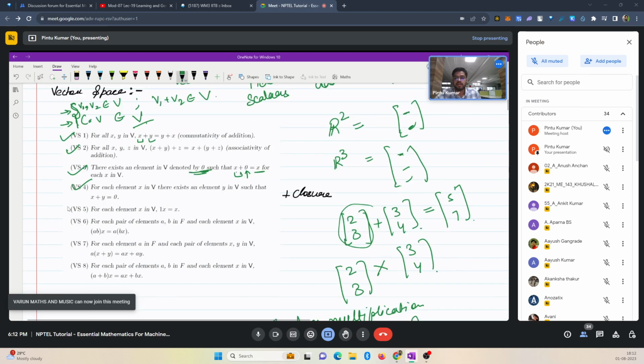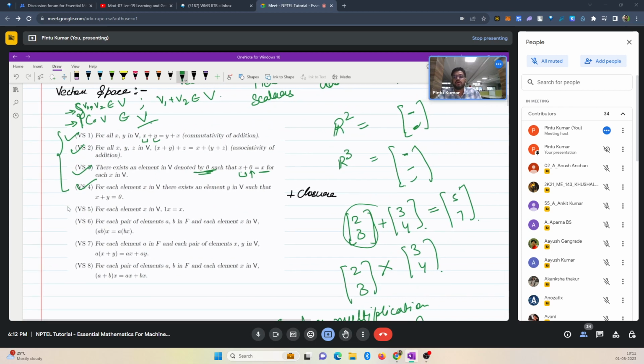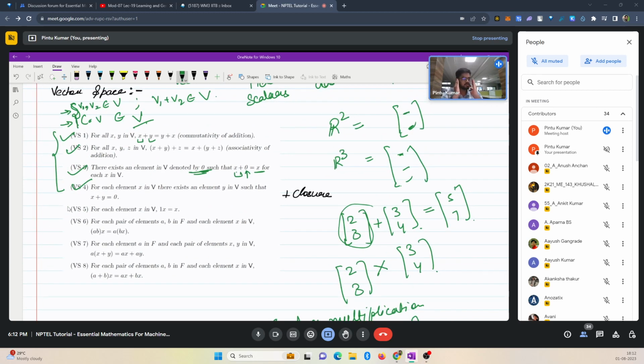When we combine these four properties, we can give it a simple name and call it an abelian group. I think sir mentioned this name during his lecture, but I thought I would elaborate on what an abelian group is.